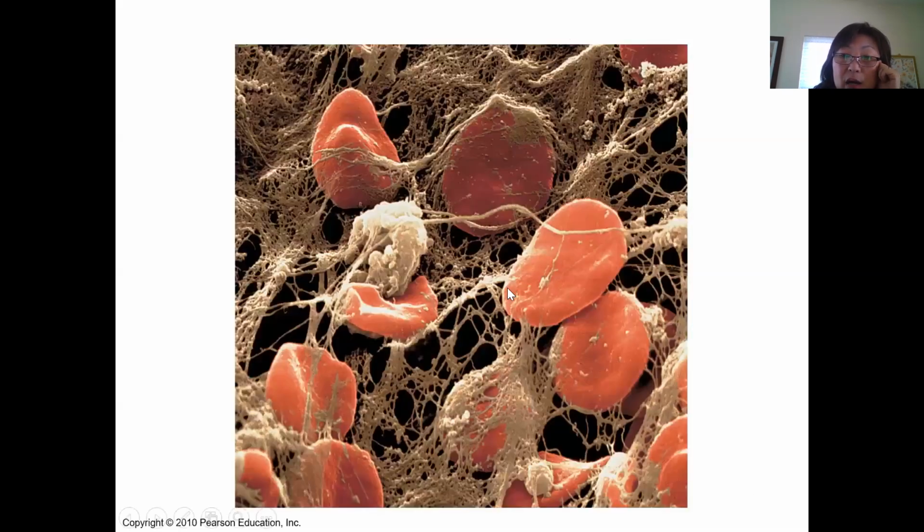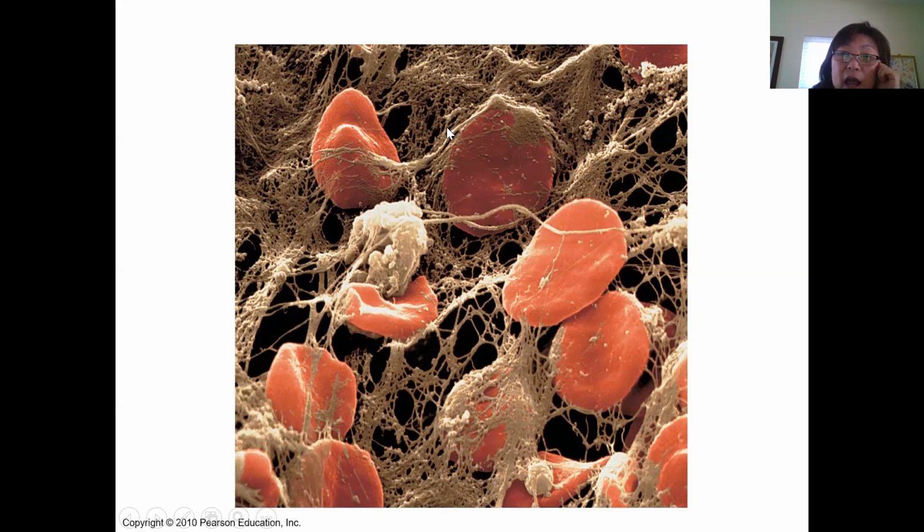Okay, this one is showing the actual clots. So when we say there's a blood clot formation, what is a clot? This clot is formed by this mesh-looking structure, which is a fibrin protein. It's a fiber-looking protein.